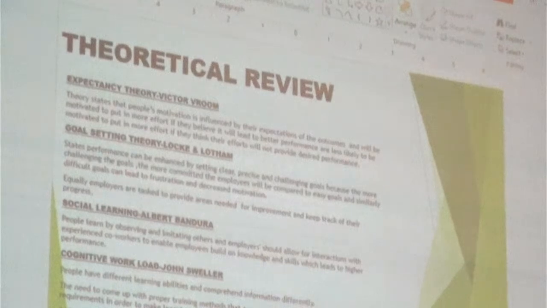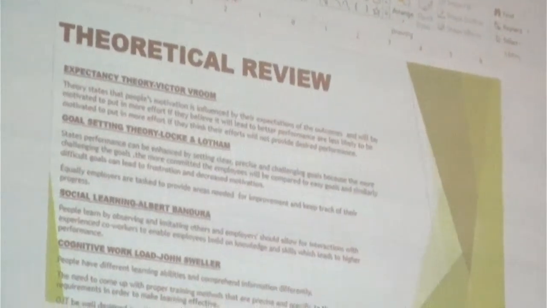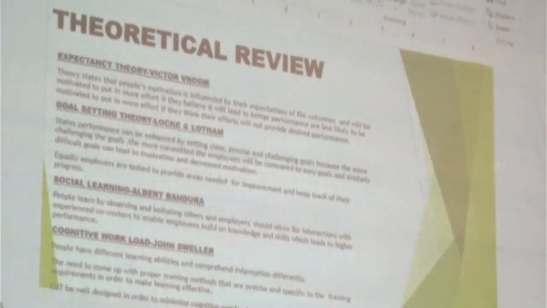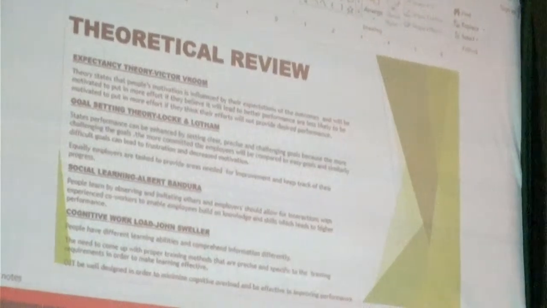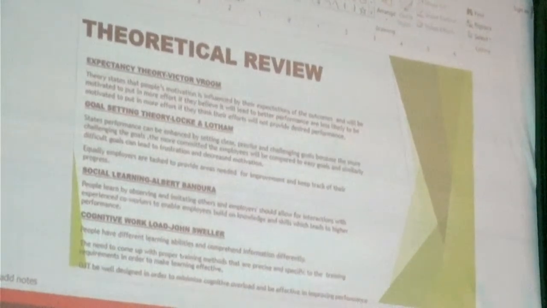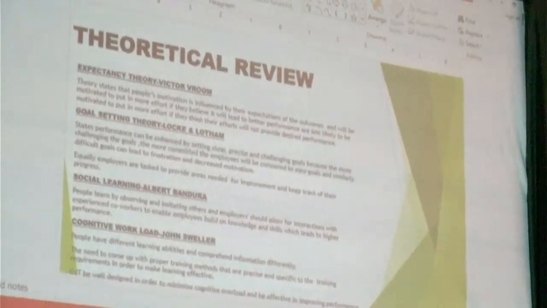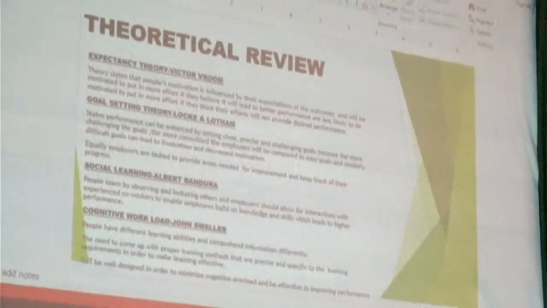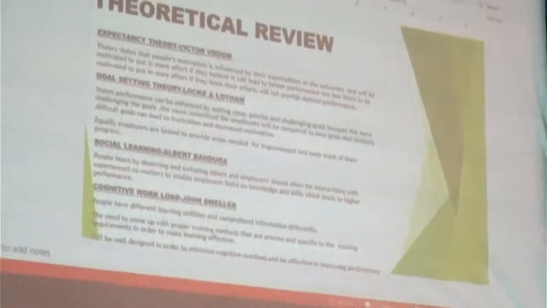The theories that guided this study were, one, expectancy theory by Victor Vroom. He says that people's motivation is influenced by the expectations of the outcomes. Therefore, people tend to be more motivated if they know their efforts will lead to desired outcomes, and likewise are likely to be less motivated if they know that even though they put in more effort, it will not result in the desired outcome.